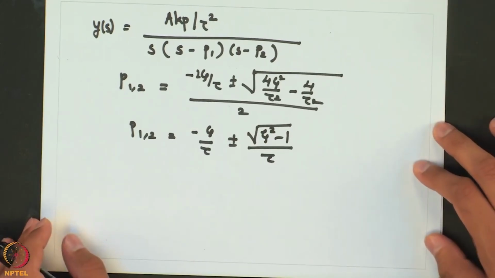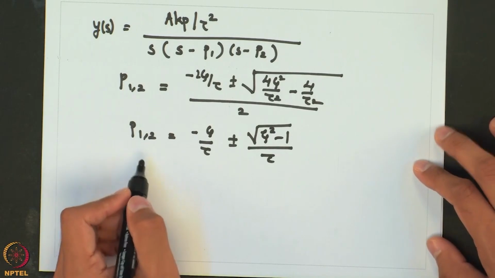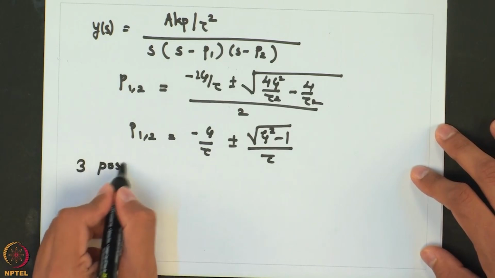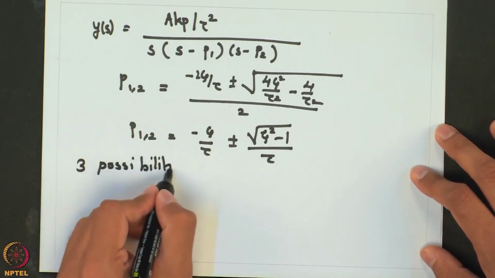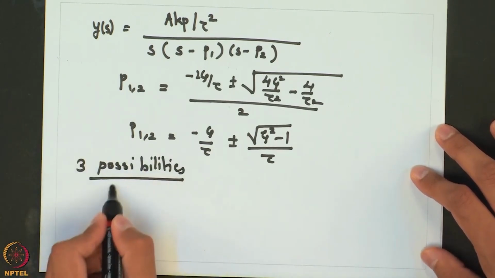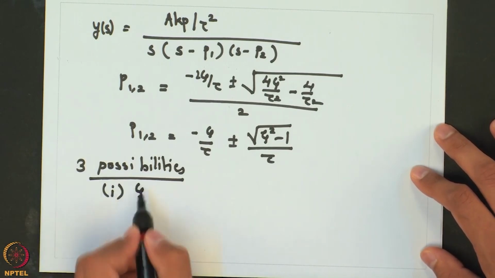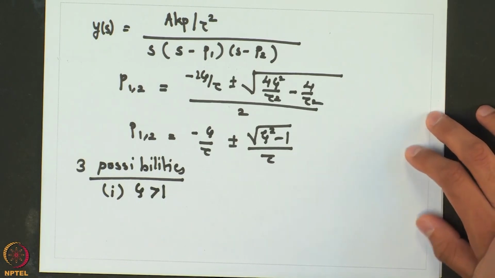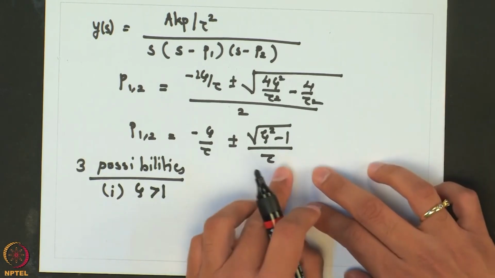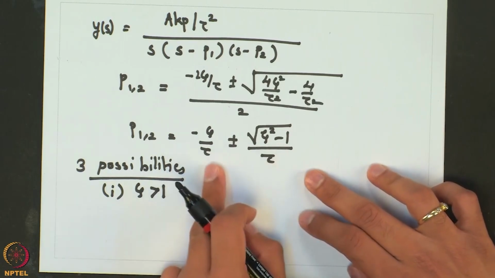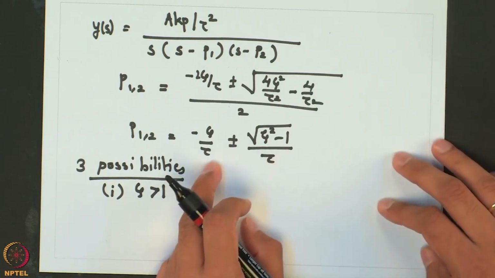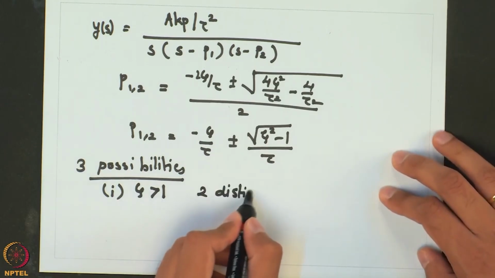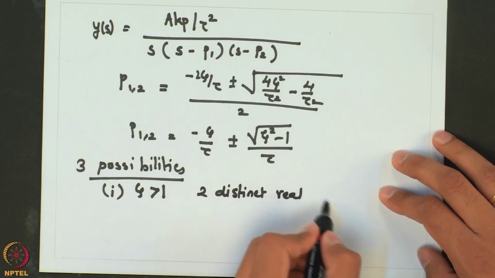So now you can see that we can have three possibilities here. Possibility 1 is if zeta is greater than 1. In that case this square root term will be less than the first term, and we will have two distinct roots which will be real.